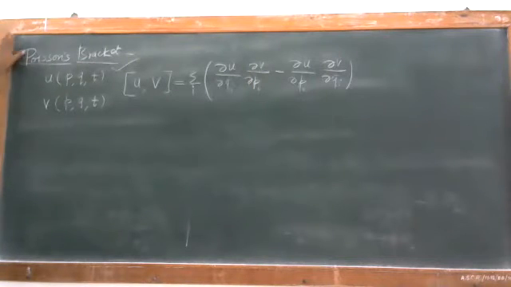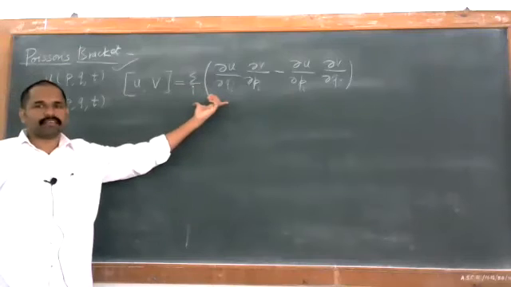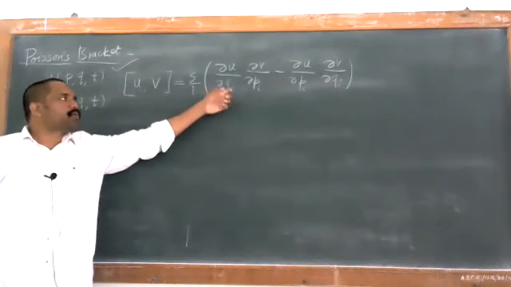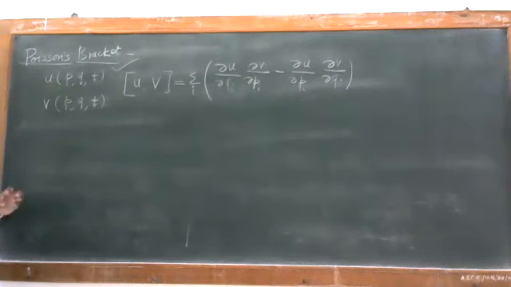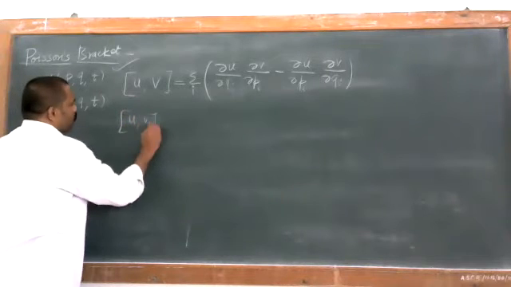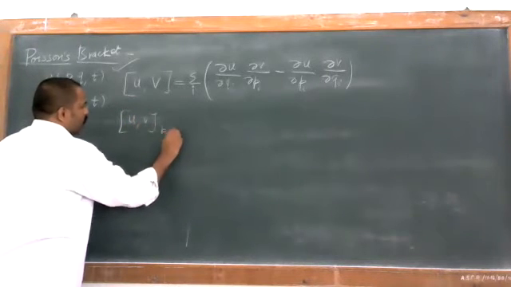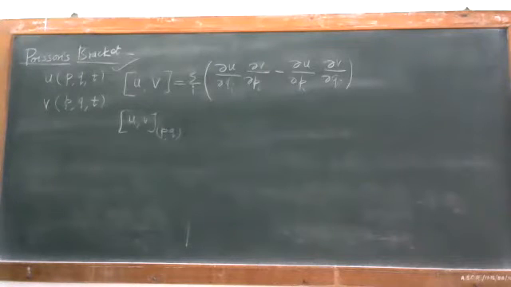Once again, we'll have this Poisson bracket of u, v, and that is defined like this: summation over i, ∂u/∂qi, ∂v/∂pi minus ∂u/∂pi into ∂v/∂qi. Or we can write this Poisson bracket of u, v with respect to q and p.